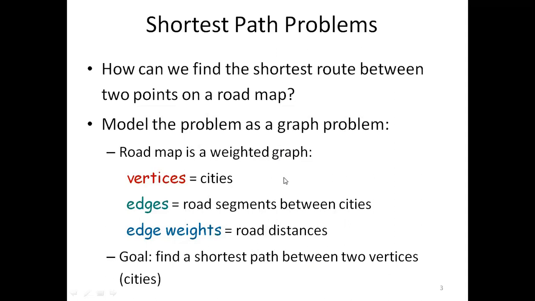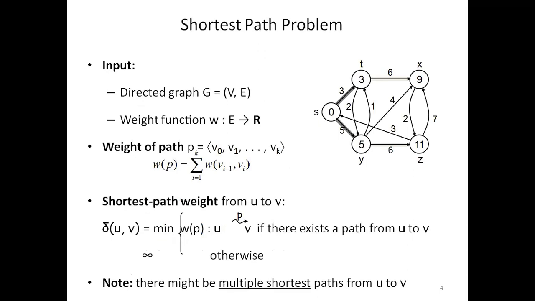So how to find the shortest path between two cities? In this shortest path problem, we have a directed graph G equals (V, E), with a weight function w: E → R. V is the set of vertices and E is the set of edges.